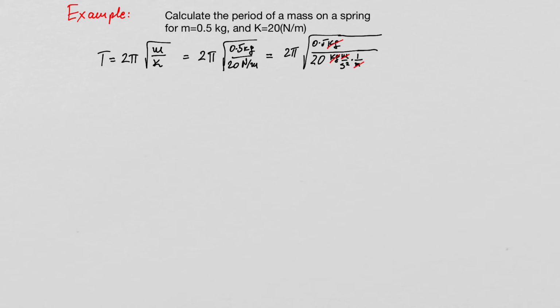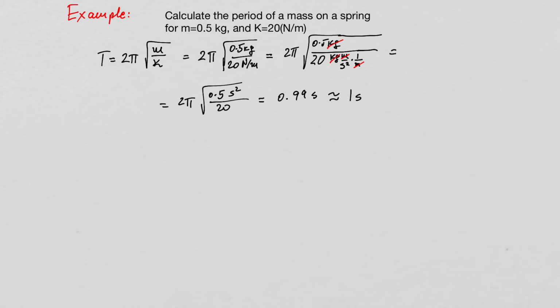Let's do the units to show you how you get the units of the period to be seconds. So we have square root of 0.5 kilograms divided by 20 newtons. 1 newton is 1 kilogram times meter per second squared. And then we have divided by a meter, so this is the same as multiplying by the inverse meter. So kilograms cancel out, meters cancel out, and the second squared will flip on top here in the numerator.